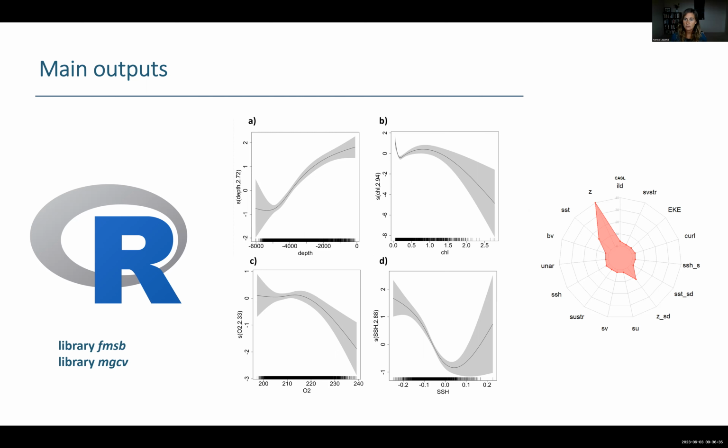That is going to give us an idea of the importance of each environmental variable to explain the distribution of our species. So once we run the model, it's going to give us this plot to explain that in our case, for example, for this species, depth, marked here in pink, is one of the most important variables.